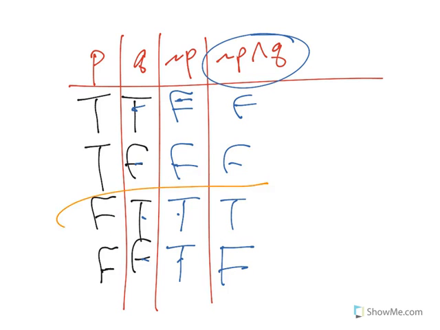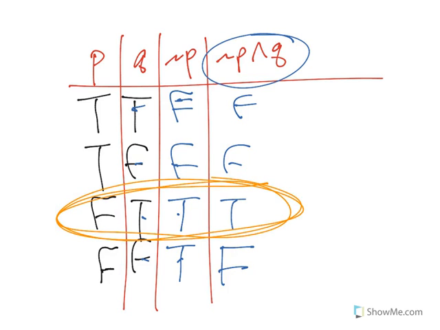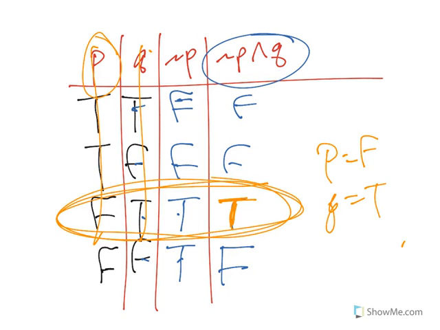That means this line right here is where my piece is true, right? Because we know it has to be true for the light bulb to turn on. Therefore, P has to be false and Q has to be true. When P is false and Q is true, this circuit becomes true.